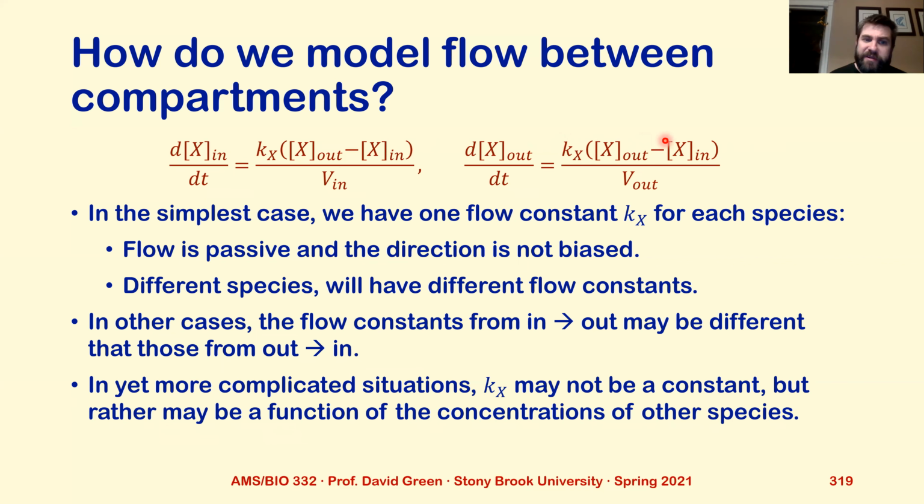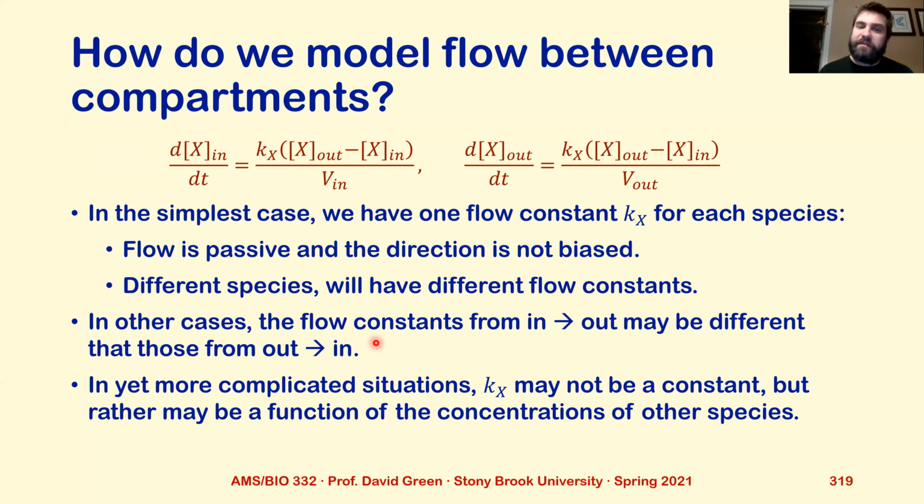However, it is not uncommon for the flow constants from in to out to be different from out to in. There can be transporters that are passive, that is, they act based on the gradients in the system, but that have a structural bias to them so that they move more easily in one direction than in the other. So sort of ratchet-like behavior, if you will, or one-way valve kind of behaviors.